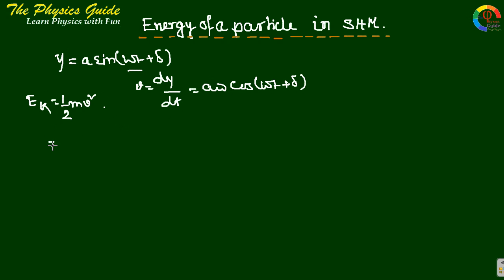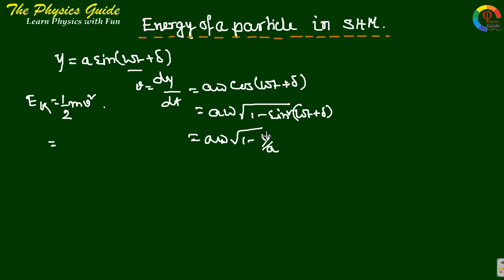So just put the value, and cos(omega t plus delta) can be replaced also by root over 1 minus sin squared(omega t plus delta), that is a omega root over 1 minus y squared by a squared. So just put this value in the equation.